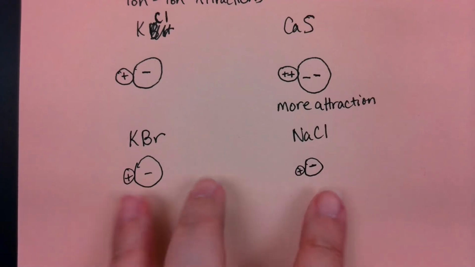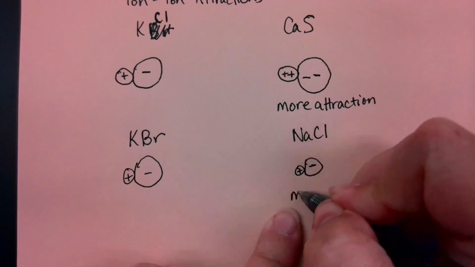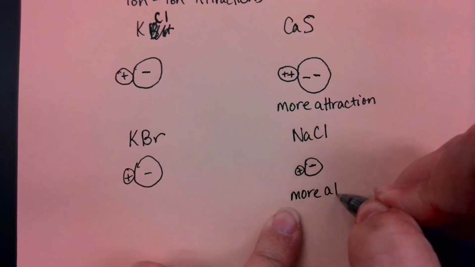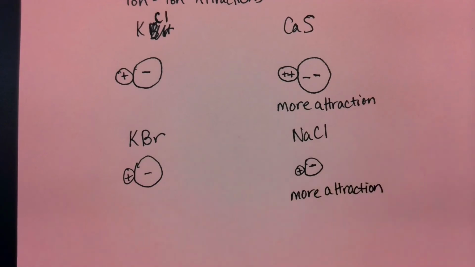They have similar charges though. This one is bigger, so it has less attraction, and this one has more attraction. So it takes more energy to melt sodium chloride than potassium bromide, because these are more attracted to each other.